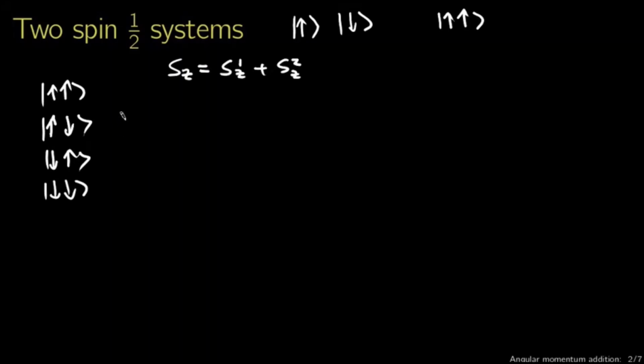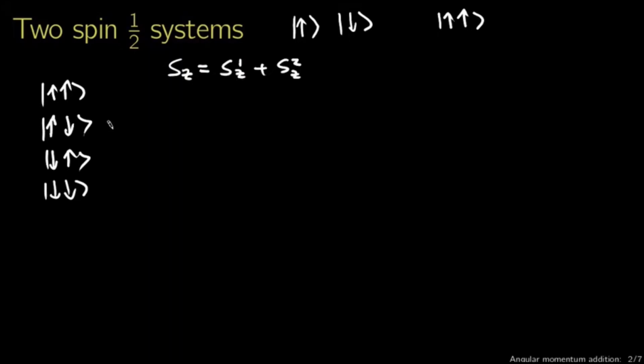For instance, if I'm looking at the expected value of the z component associated with this sum, I'm going to say s sub z applied to this. Well, the s sub z2 isn't going to do anything with this. It's only going to focus on this, whereas s sub z1 is going to focus on this.